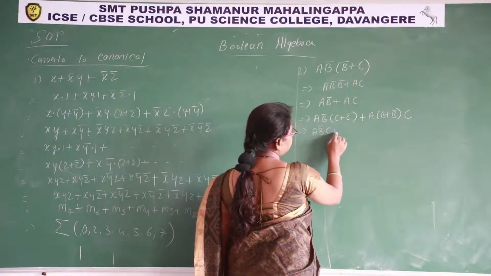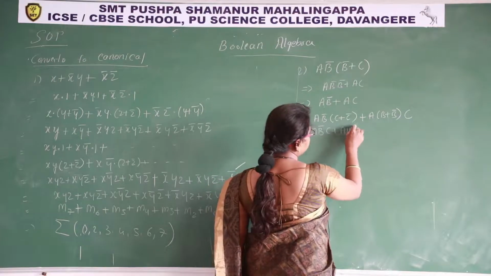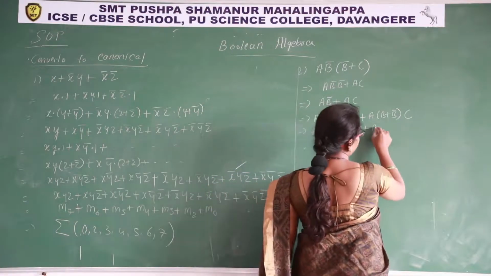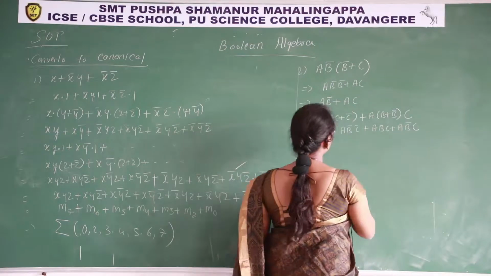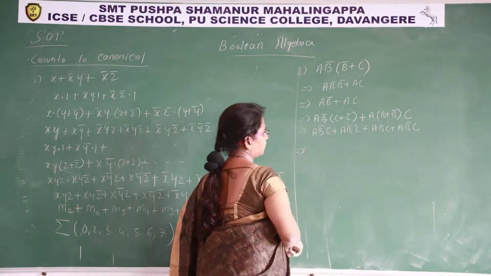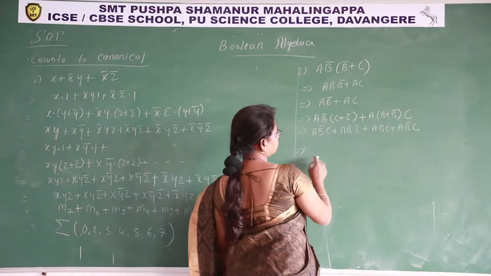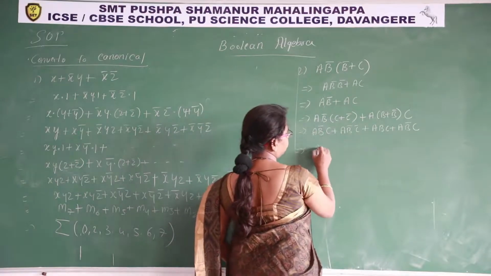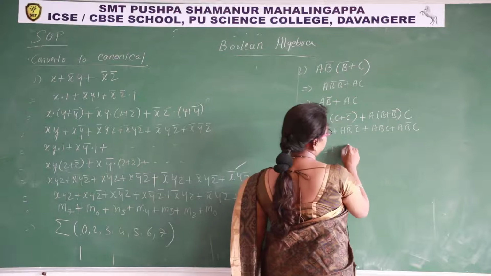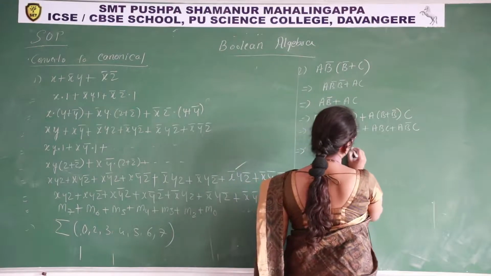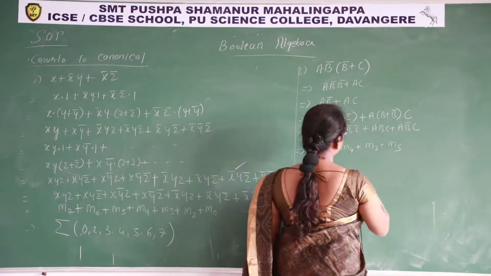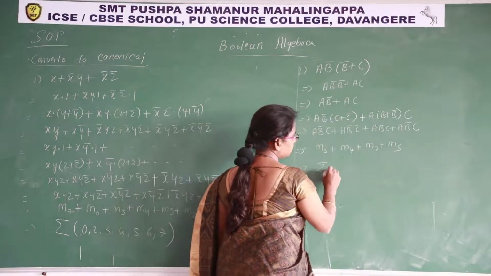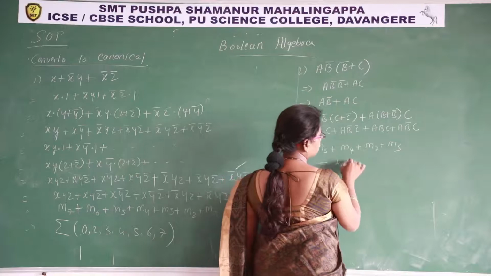A B bar C plus A B bar C bar plus A B C plus A B bar C. This implies A B bar C, AC, so M5 plus M4, M7, M5, sigma 4.